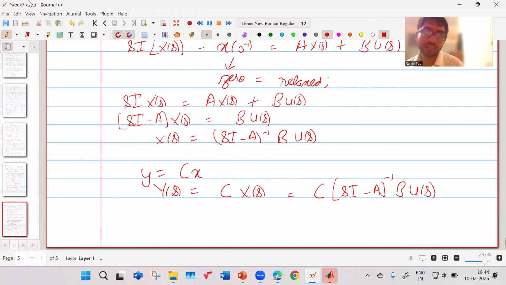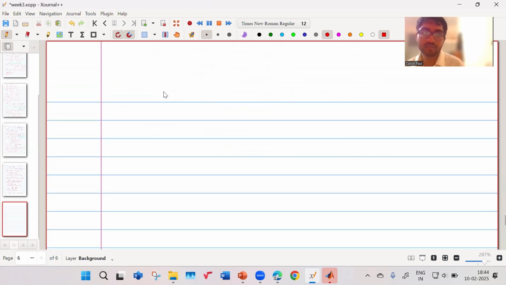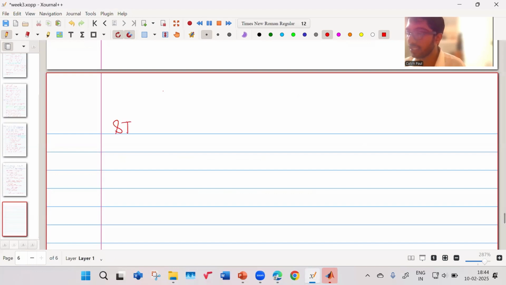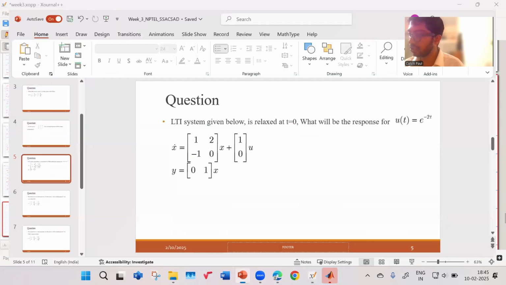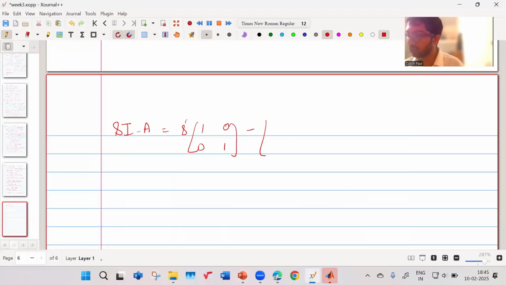Now let us try to find (sI minus A) inverse. sI minus A actually is s into the identity matrix [1 0; 0 1]. And what is our A? Let us look at the question here. A is [1 -1; 2 0].